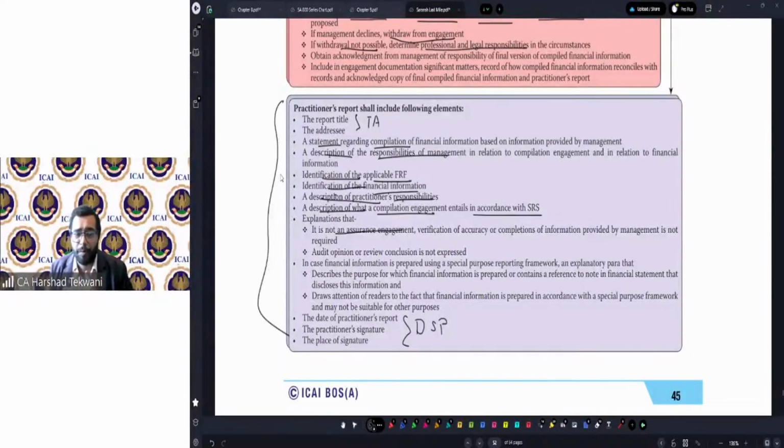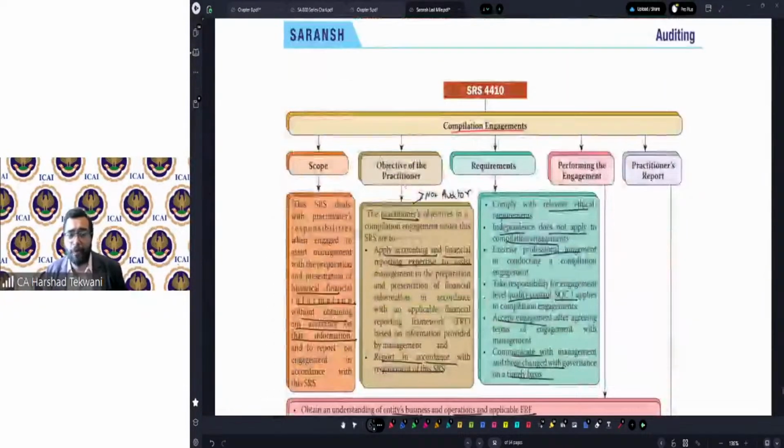This is not our responsibility. And we are not issuing any audit opinion over here. This is just reporting on the factual findings. If the financial statements which you are compiling are prepared based on a special purpose framework, then draw the attention of the reader that this is a special purpose framework, might not be suitable for any other purpose. That's it. So that is the reporting part under SRS 4410.